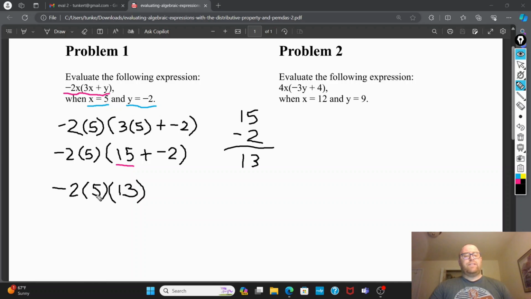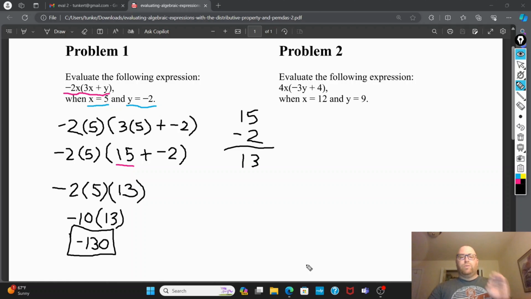Negative times a positive is a negative number, so we have negative 10 times 13, which is going to give us a product of negative 130. So that's our solution to number 1, and we're done with that one.